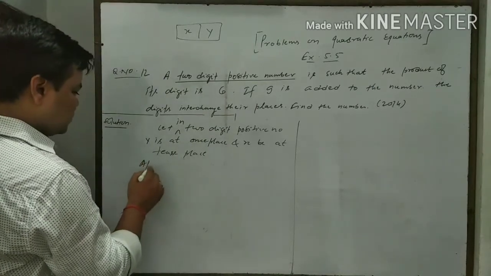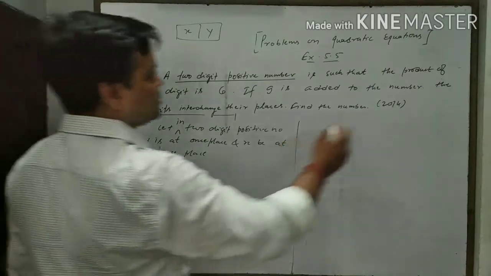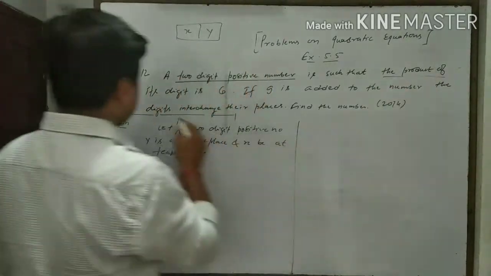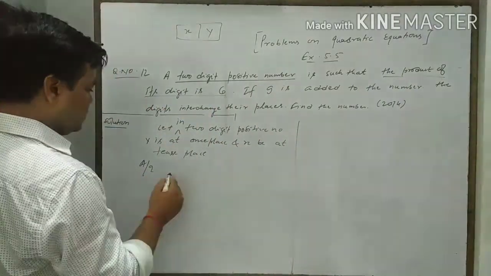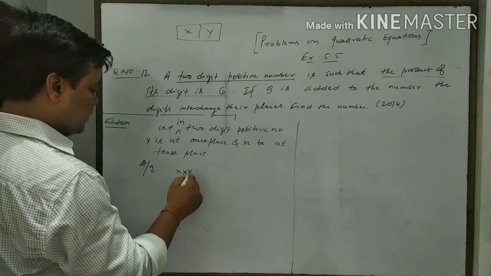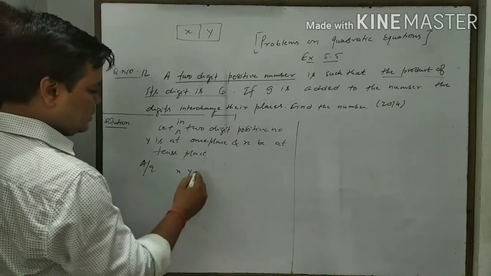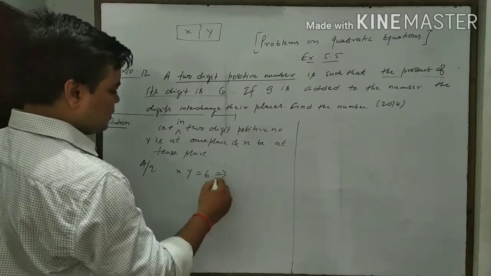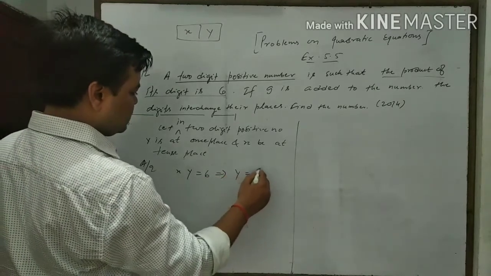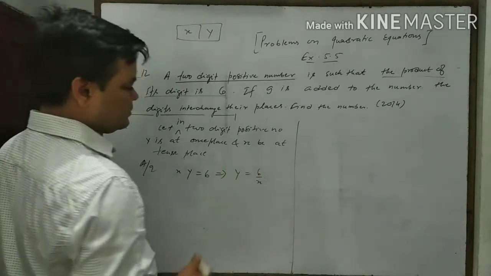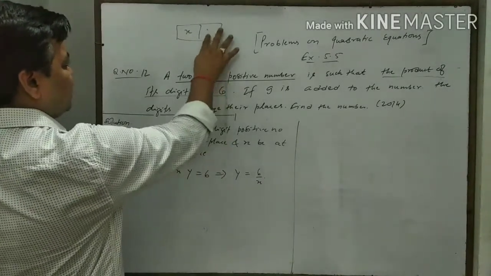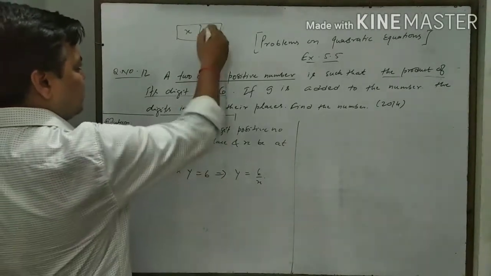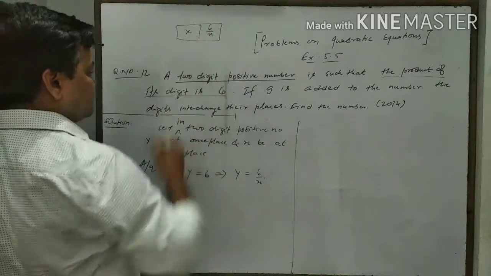Now according to the question, what is given? The product of its digits is 6. According to the question, x into y, or xy, is equal to 6. This implies that y is equal to 6 by x. Okay. It means at the place of y, the number is 6 upon x.